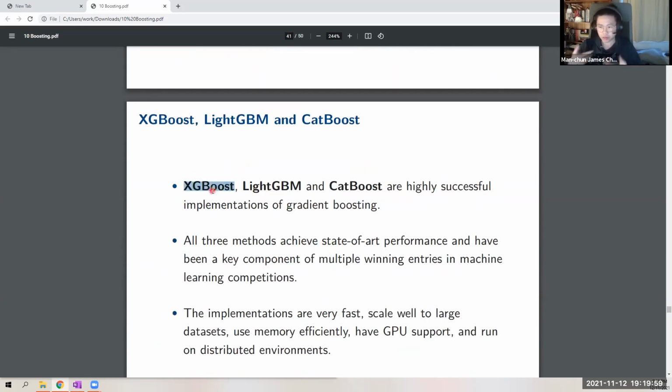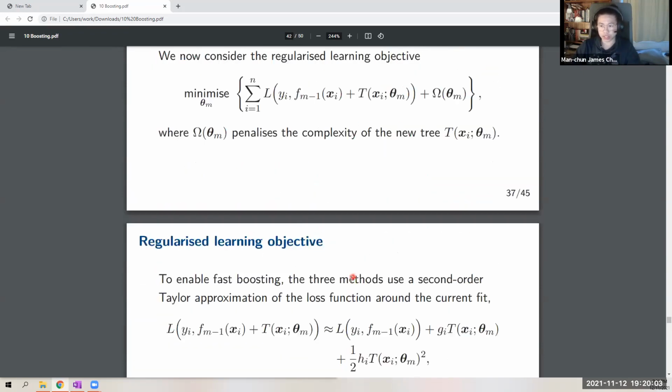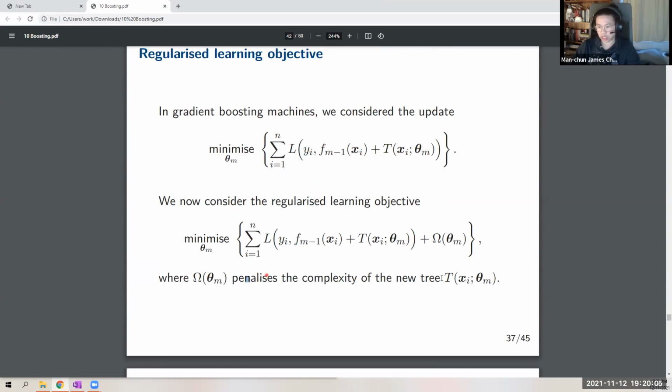And XGBoost comes with an idea of adding regularization, penalizing the complexity of each tree. So it's gradient boosting plus some regularization.